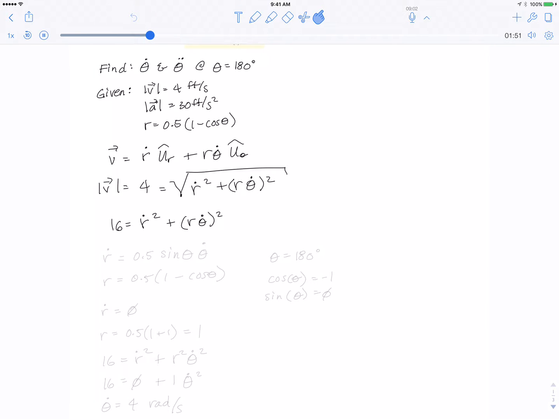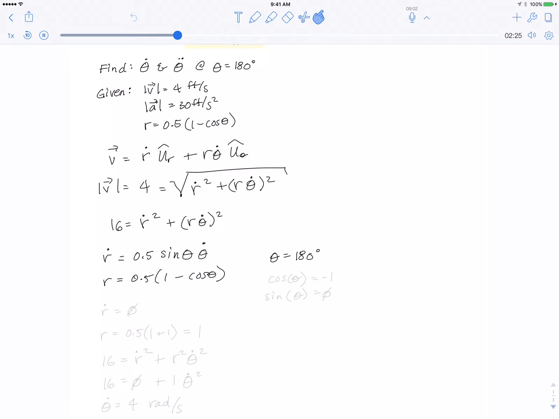Okay, so we're going to need the equation for r dot. So taking the derivative of the expression for r, 0.5, the derivative of minus cosine is sine theta, and then using the chain rule, we have to add in a theta dot there. And I'm going to write the equation for r here. It was 0.5 times 1 minus cosine theta. And so it says that theta is 180 degrees.